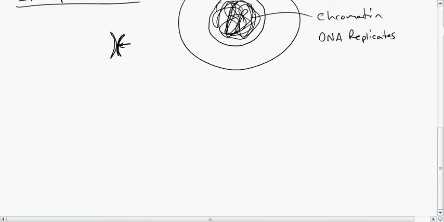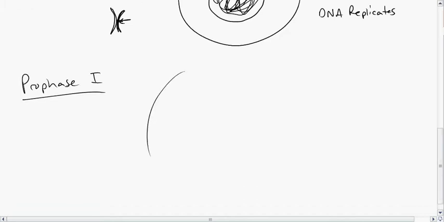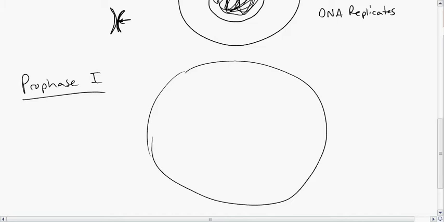All right, so now we're going to go to prophase 1. And in prophase 1, I'm going to draw the cell a little bit bigger here. And we'll draw the nucleus kind of starting to dissolve. And our chromosomes are going to form.